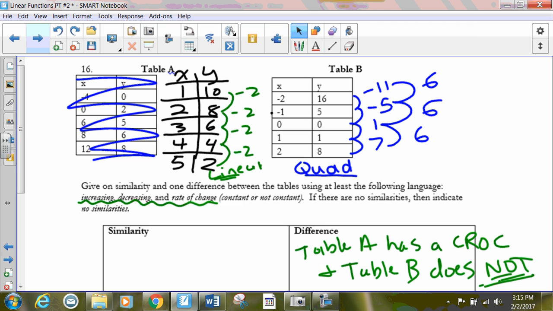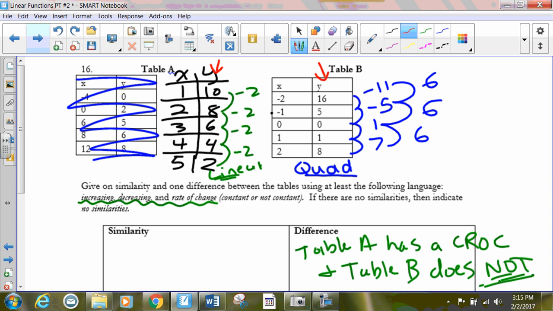The similarity, honestly, there's really not much similar, but we're going to say, oh, look. First of all, we're never going to look at the x column, the input column. The action really is about the y column, the output column, what's coming out from the function. And so when I look at the output column, the y column, I see 10, 8, 6, 4, 2, we are decreasing. I'm going to look at the output column for table B. 16, 5, 0, oh, that's awesome. It's decreasing.